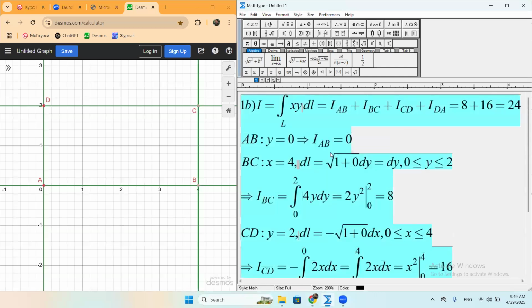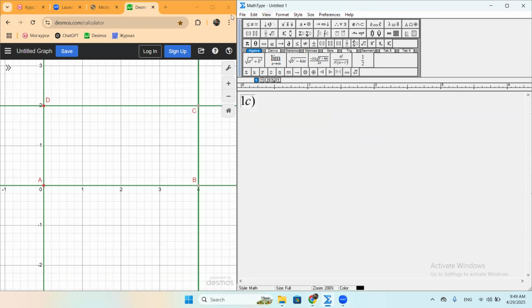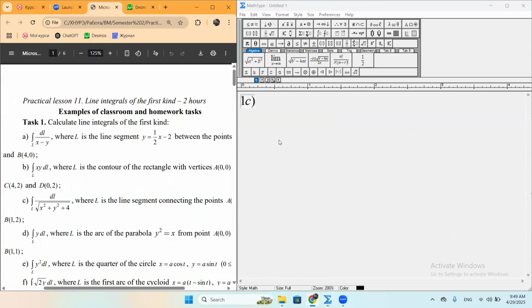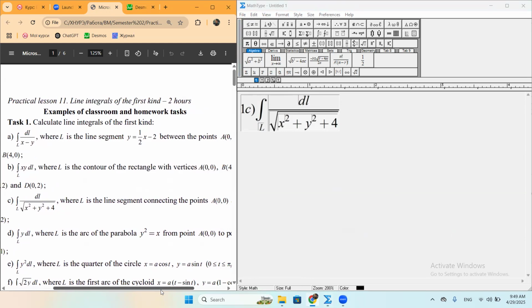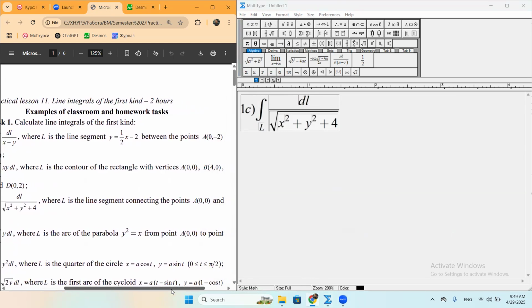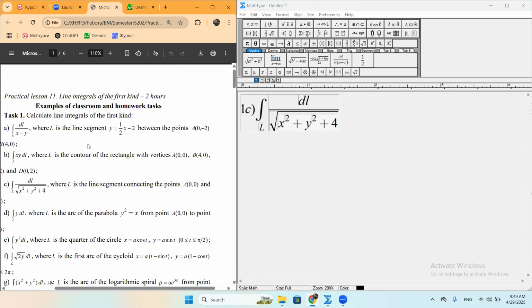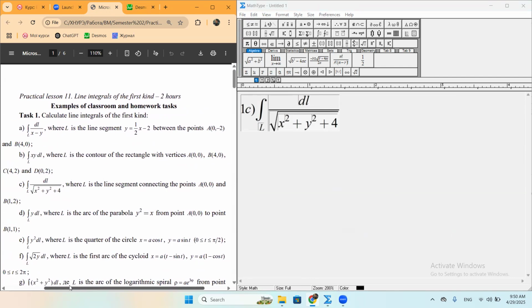Okay, if no questions, let's move to the next exercise. Exercise C, we have the following integral: dl, with a square root in the denominator. And L is a line segment connecting point A with coordinates 0, 0, and B with coordinates 1, 2.